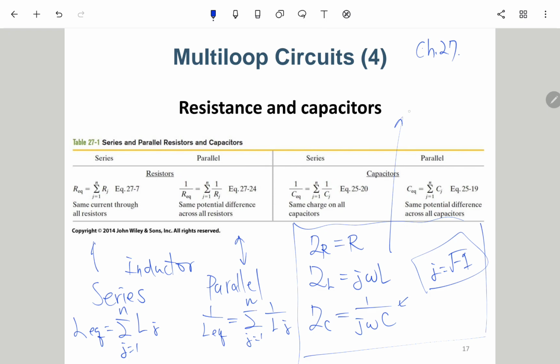It is actually related to V equals L dI/dt, which we introduced in chapter 30, and this one is related to I equals C dV/dt. I think I did not introduce this one, but actually Q equals CV for capacitor.